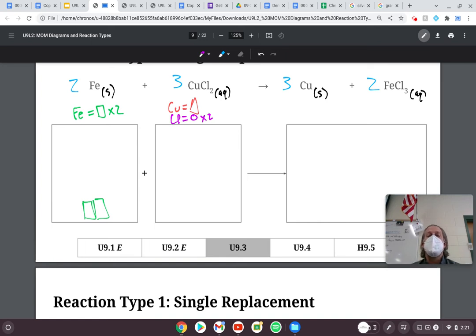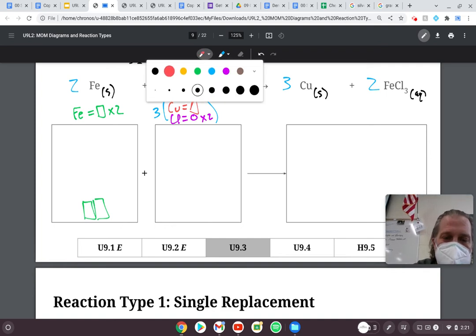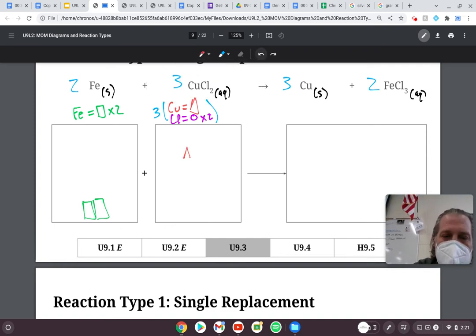Now, do you see how there's a 3 in front of the CuCl2? So that tells me that whatever I draw, I have to draw it times 3. So that means I have to draw 3 units of CuCl2. And I'm going to do that first. So I'm going to draw my 3 units of CuCl2.